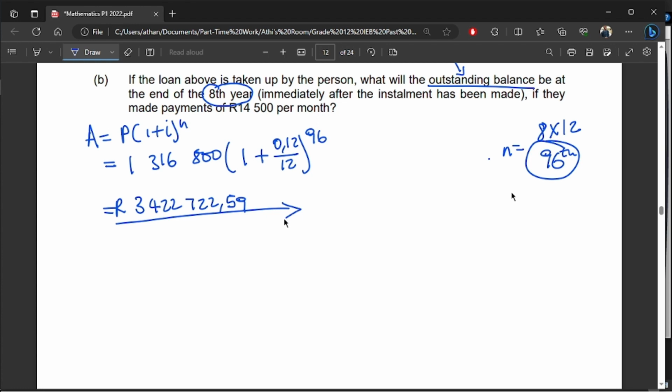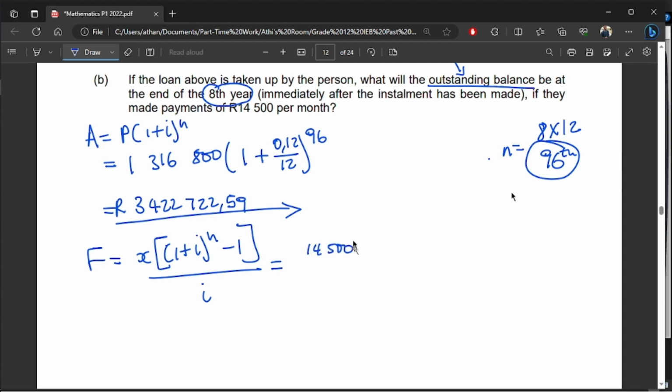Okay, then we go on to finding the future value. When we find the future value, it will be F is equal to x bracket 1 plus I to the power of n minus 1 all divided by I. And then we said you are paying 14,500 rands.